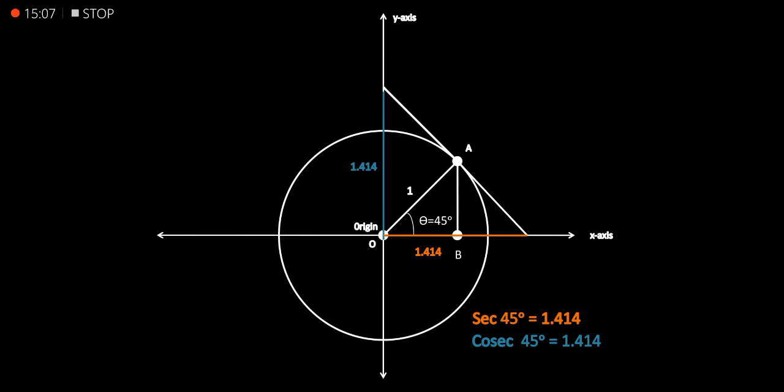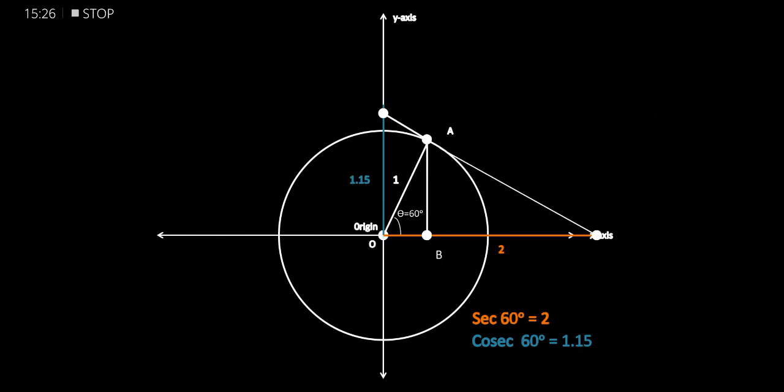The sea green line is the representative line of cosecant of angle. So cosecant of 45 degree is equal to the length of the sea green line, which is equal to 1.414. So secant 45 degree is 1.414 and cosecant 45 degree is also equal to 1.414.